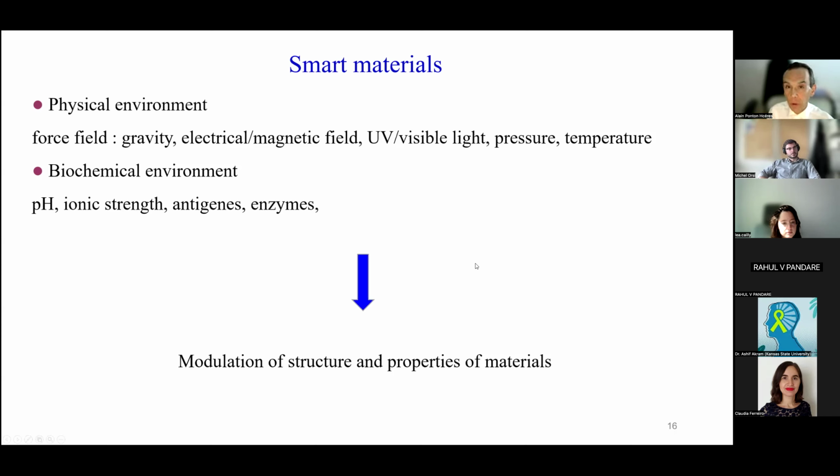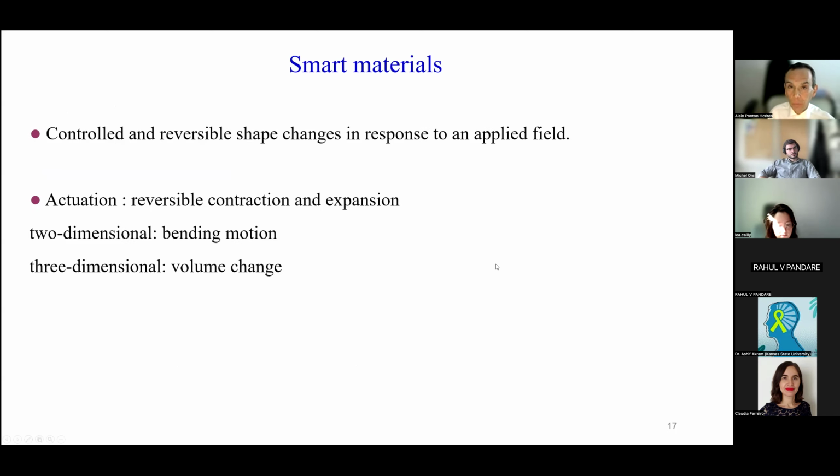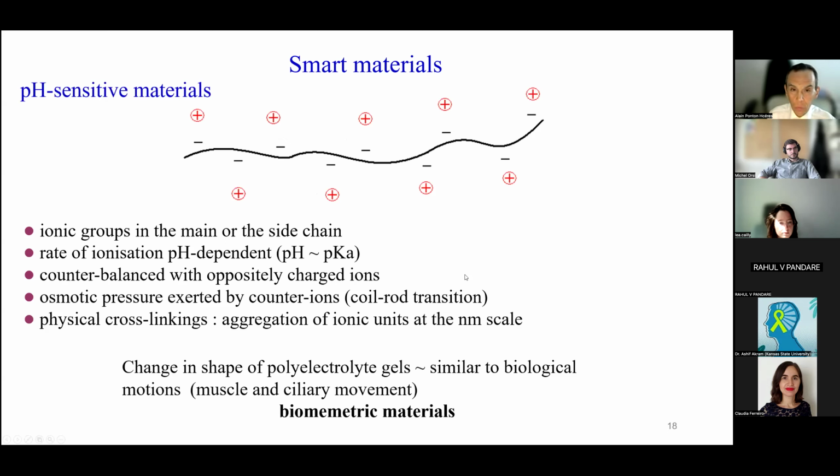So I will show you some examples of simple smart materials. And you can control in this way the shape in response to an applied field, and, as we will see in the next slide, you can induce bending motion or volume change in 3 dimensions. So typically, when you have a polyelectrolyte with electrical charge, for example, here we have a negatively charged polyelectrolyte.